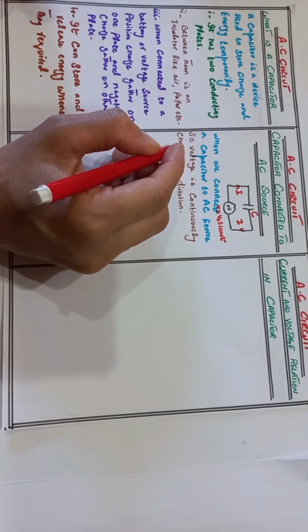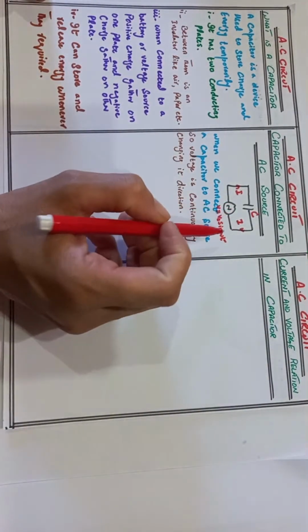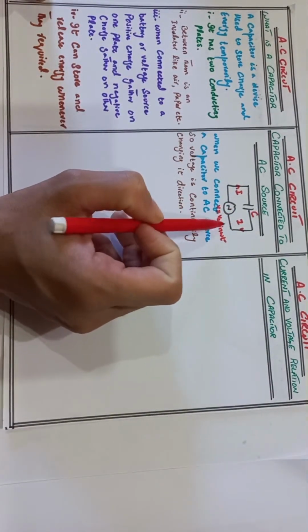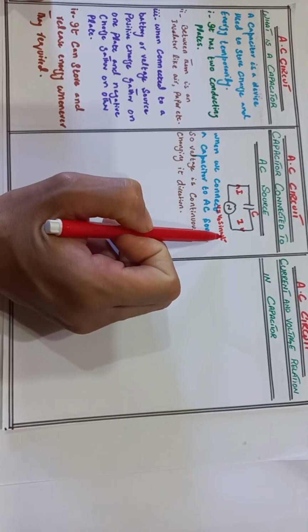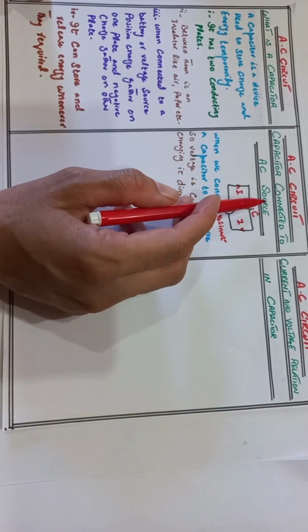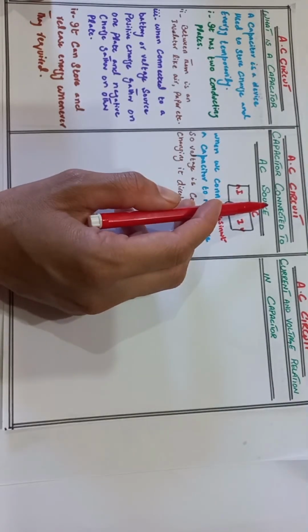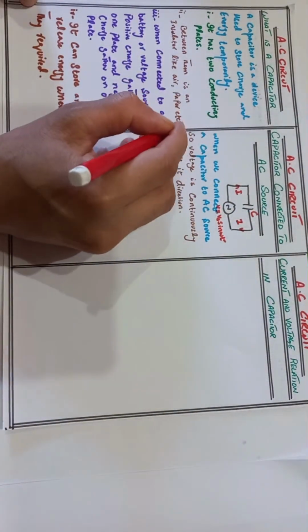Okay, what happens inside the capacitor? The capacitor charges when voltage increases in one direction. When the capacitor is connected to the voltage source, the capacitor stores the charge as the voltage increases in one direction.